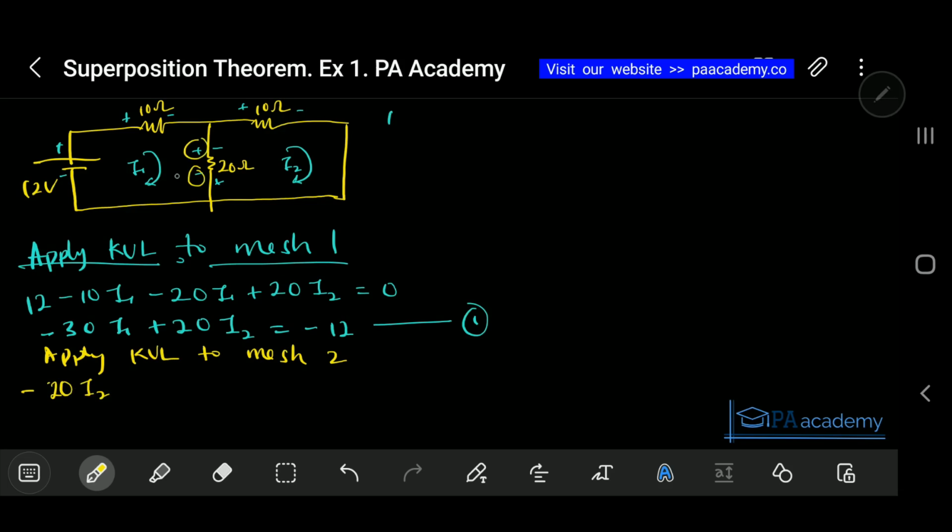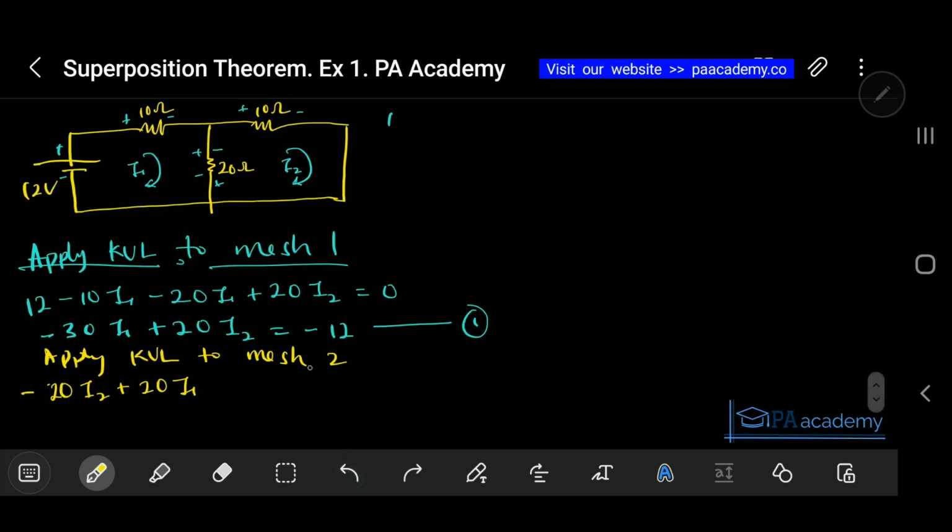From negative to positive due to current I1, that will be plus 20 I1. And then from positive to negative through the 10 ohms, we are going to have minus 10 I2, then equals to 0. If you rearrange this, you'll have 20 I1 minus 30 I2 equals to 0. This is our equation 2.